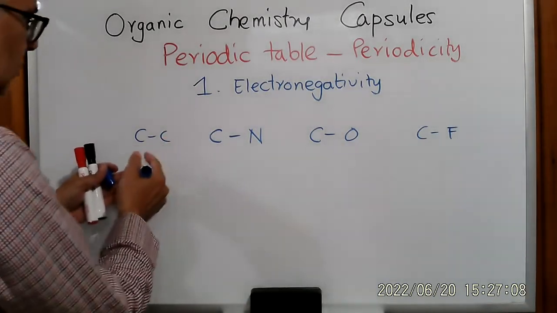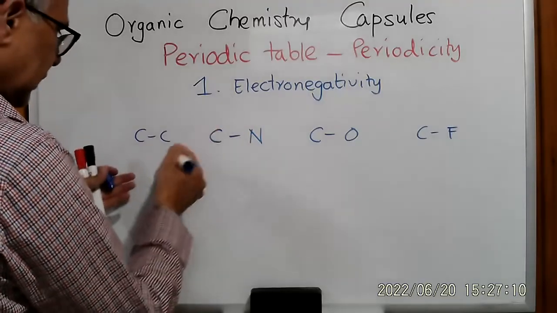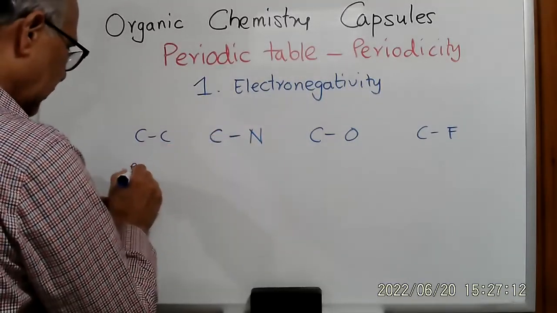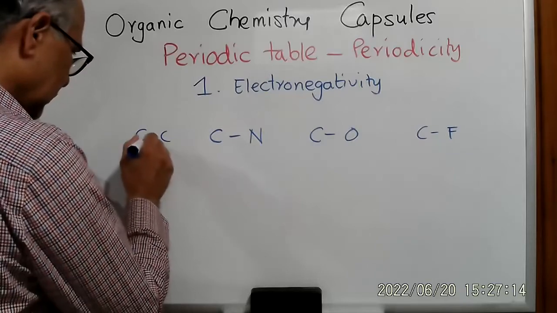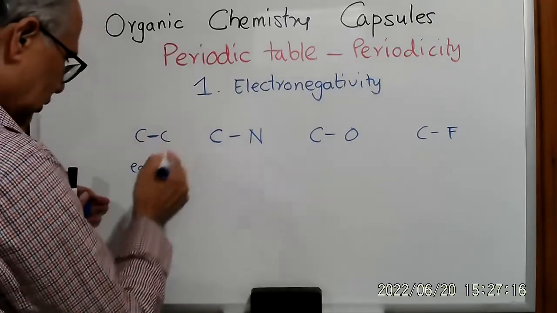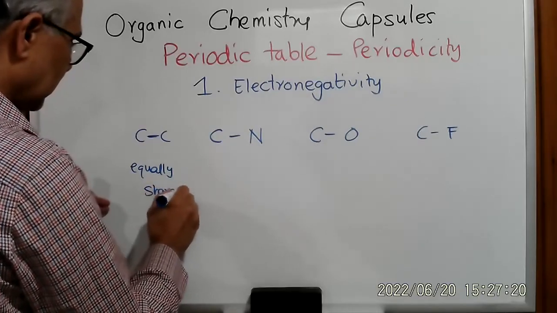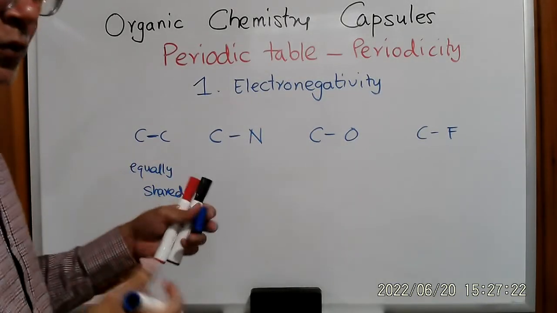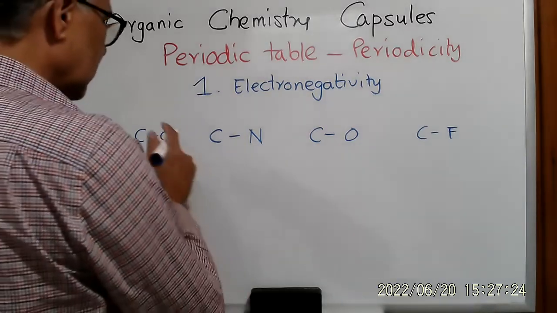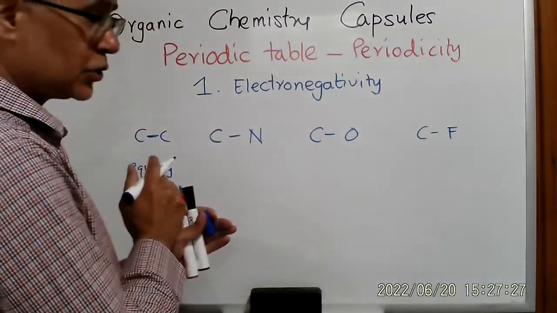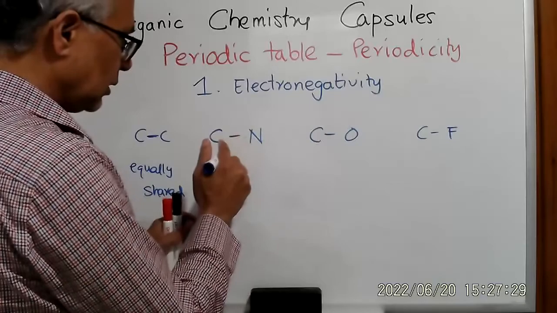Carbon, carbon, both of them have the same electronegativity, so the bond electrons are equally shared. These two electrons, that's a bond, are equally shared, so neither atom is getting more electrons. Let's move to carbon, nitrogen.